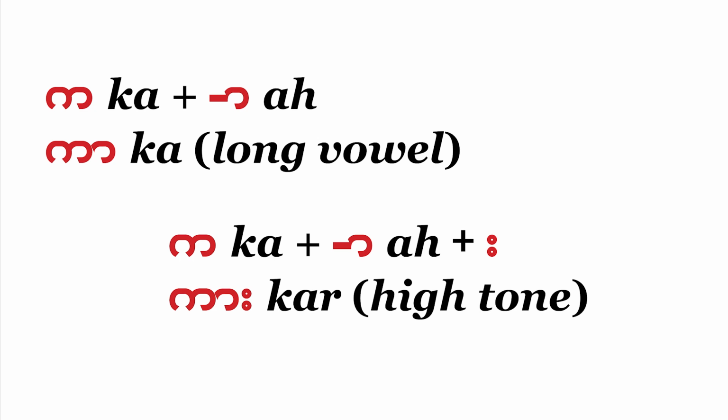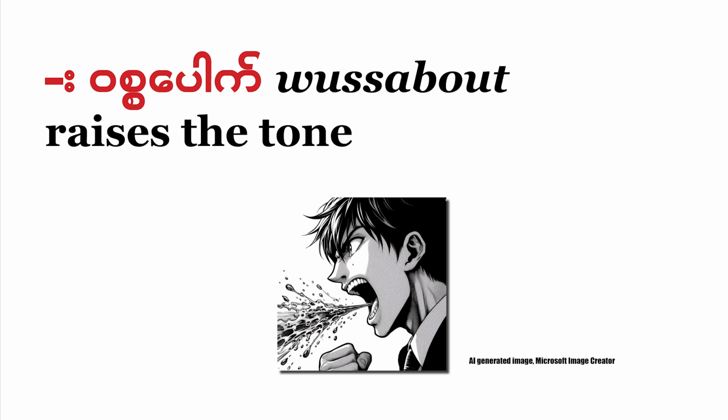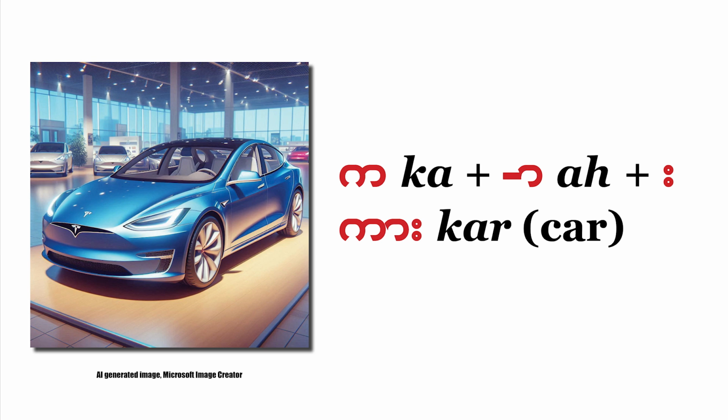Think of these two dots as spittle coming out of your mouth when you shout, because whenever you see those two dots, it means you have to raise your vowel tone as if you're shouting or hollering at somebody. That is why ga with yecha only is read ga. However, ga with yecha and two dots is read ga. That is the word for motor cars and vehicles.